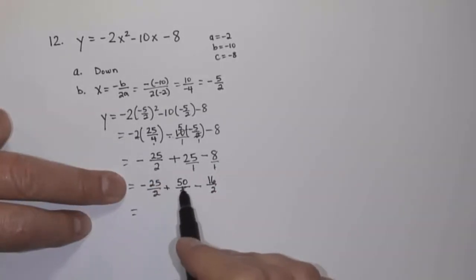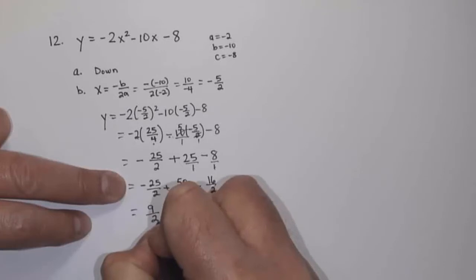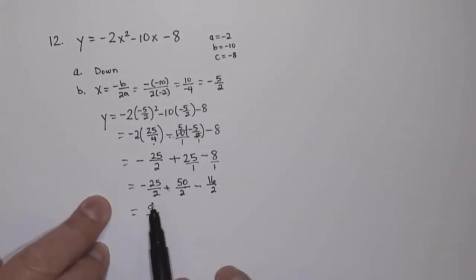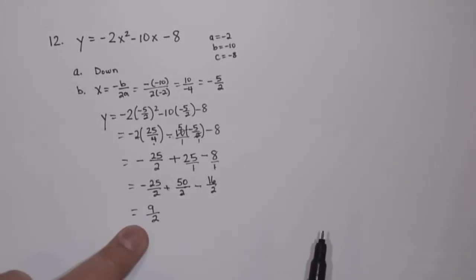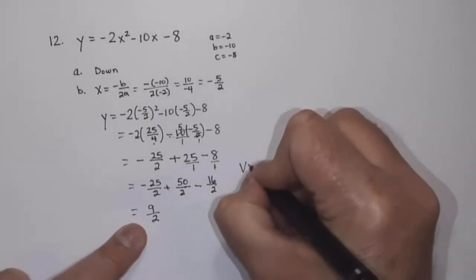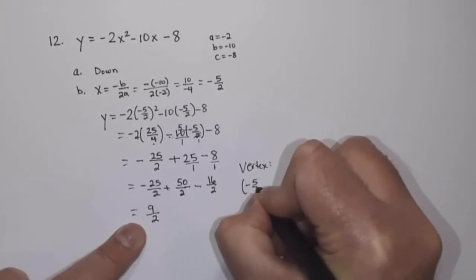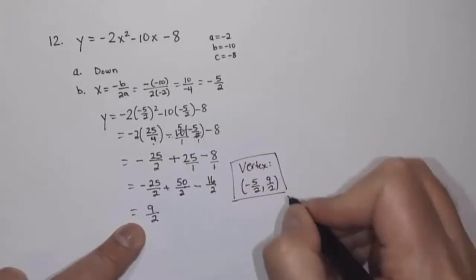Negative 25 halves plus 50 halves will be 25 halves, and 25 halves minus 16 halves will be 9 halves. So just adding or subtracting the numerators and keeping the denominator of 2, we get 9 halves. So our vertex is going to be the point negative 5 halves, 9 halves. So there's the answer to part B.